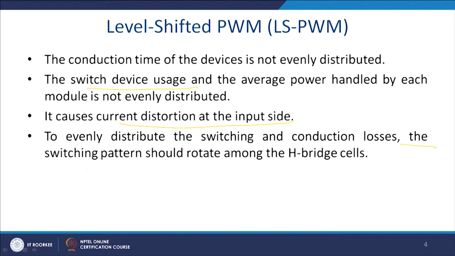That is something you need to manipulate with your control strategy. So, first you spend more current through a particular H bridge, and maybe two cycles later this sequence may change, and accordingly you will distribute the switching losses or the device rating among all the H bridges connected in series.